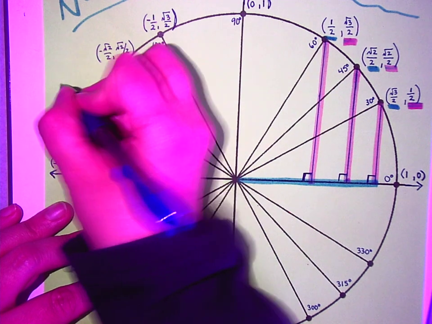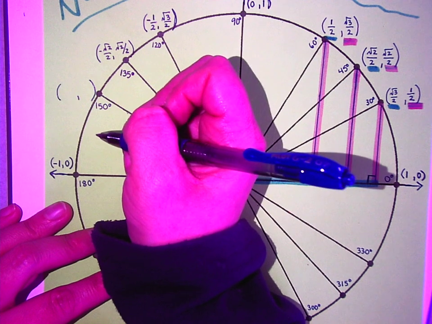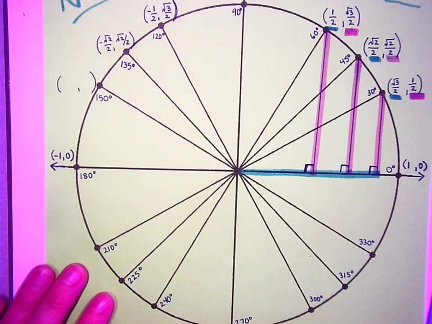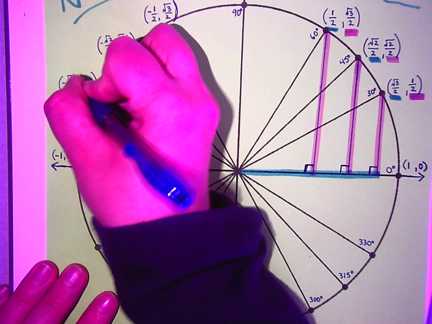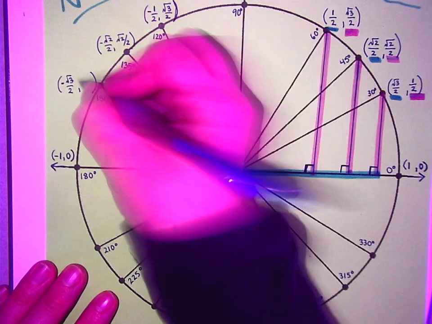How about 150? Negative square root of 3 over 2, and positive 1/2.